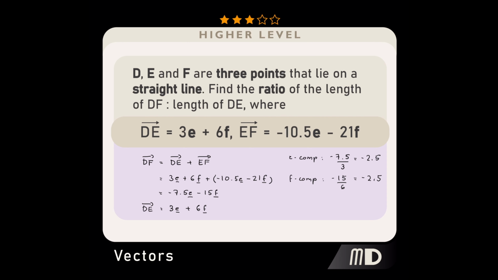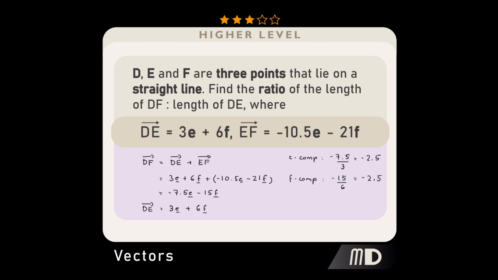The ratio of both components is minus 2.5, where the minus sign is largely symbolic in this context, indicating that while collinear, one vector is pointing in the opposite direction to the other.